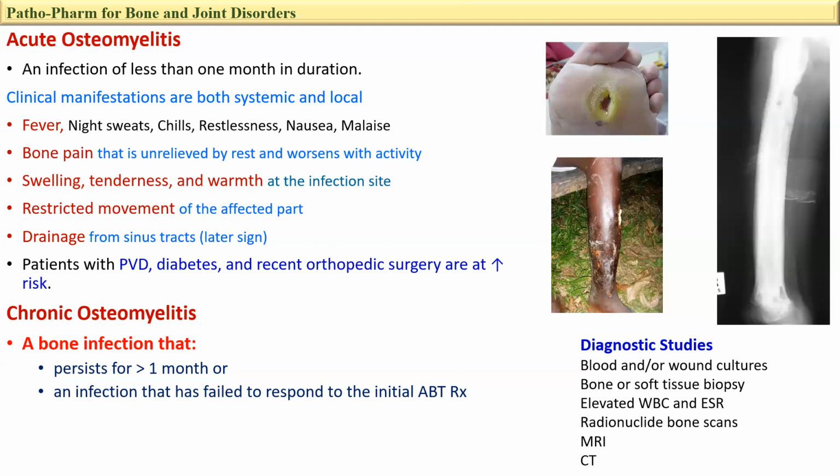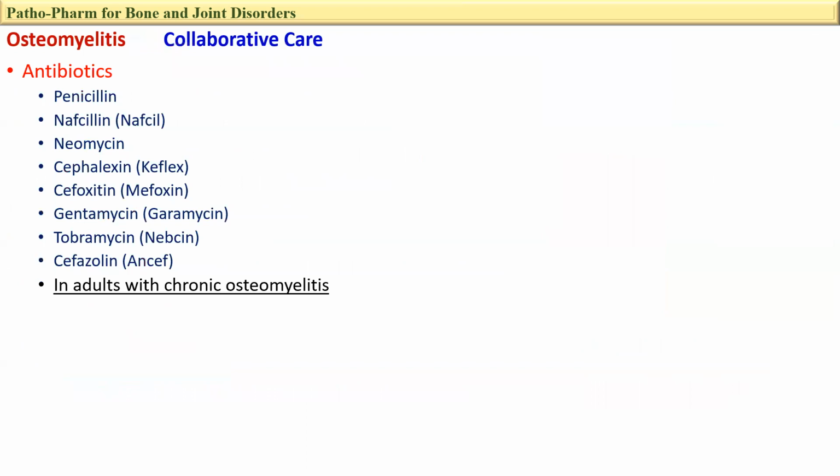Over time, the granulation tissue will turn to scar tissue, and that provides an ideal site for further growth of the microorganisms. So over time, osteomyelitis becomes more difficult to treat.